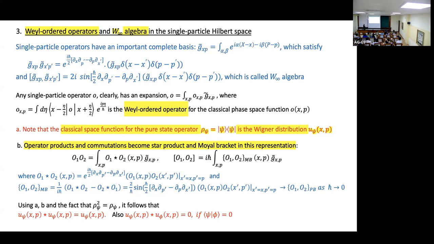The Moyal structure comes when you take two operators. When you take the integrals with O1 of x p and O2 of x prime p prime and do your partial integrations, then you get this.